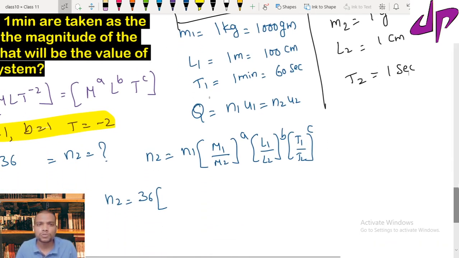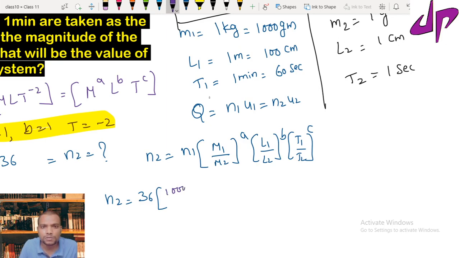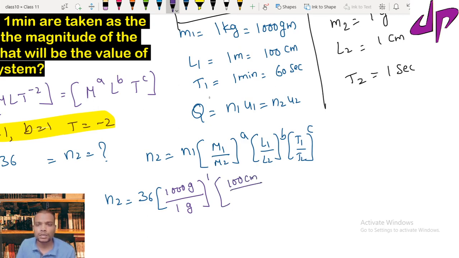Now if you substitute the corresponding values, M1 is 1000 grams upon M2 equal to 1 gram, whole power a, where the a value is 1, and L1 is 100 centimeters upon L2 equal to 1 centimeter, where the b value is 1, and T1 equal to 60 seconds upon T2 equal to 1 second, whole power minus 2.